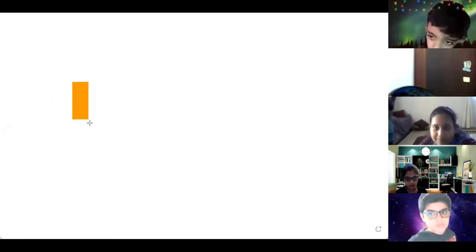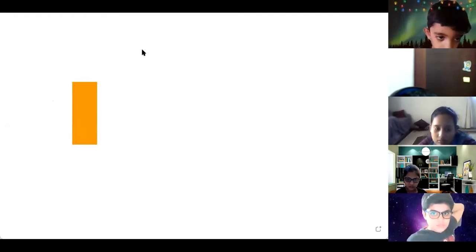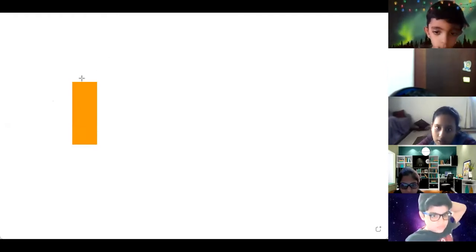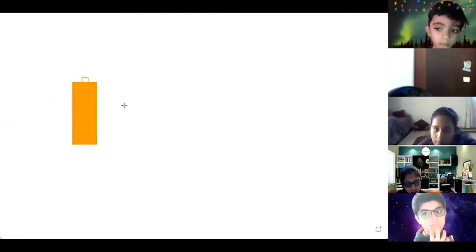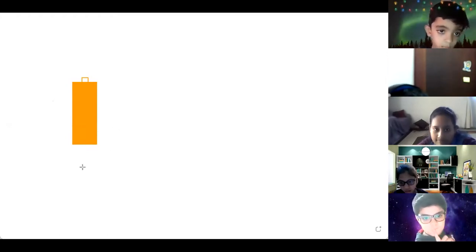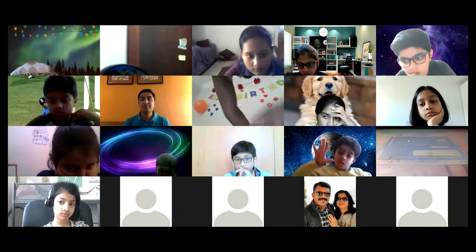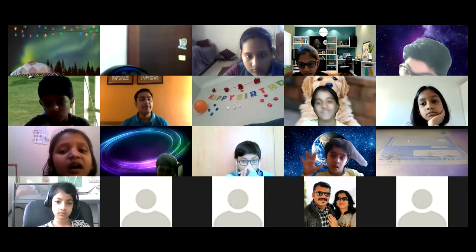See what happens. You would have seen a pencil cell like this. Have you seen this kind of cell? Any idea? What is the charge of this point and what is the charge of this point? Sir, is it positive and negative? Positive and negative, correct.